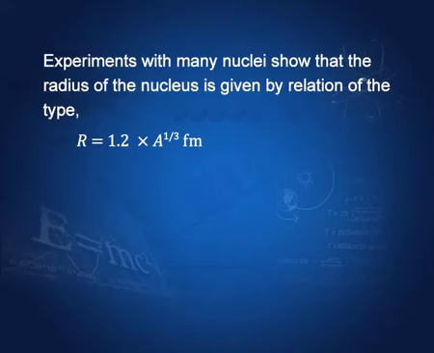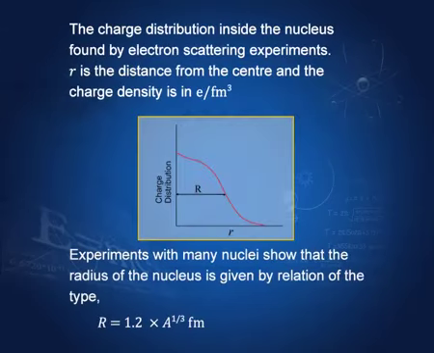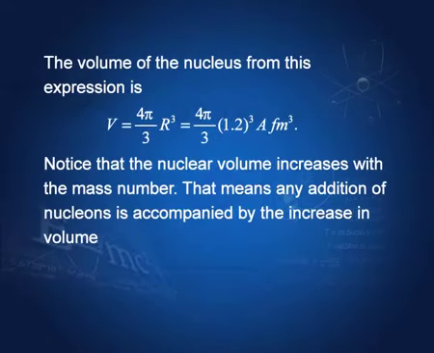A is the mass number. So, the data can be fit to this radius. Radius is equal to 1.2 into A raised to power 1 by 3 Fermi. So, this is the radius of the nucleus. The volume is 4 pi by 3 r cubed. So, 4 pi by 3 times the cube of 1.2 into A, because here it was A raised to power 1 by 3.